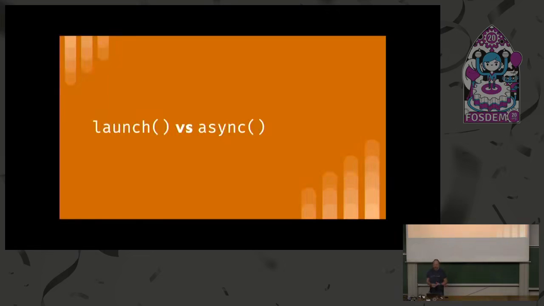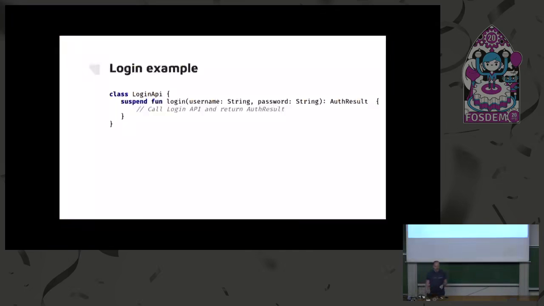So you already saw async before in one of the first slides, and there's also launch. These are two of the basic ways of starting coroutines. So let's see the differences here, what they mean. Let's say we have our login API, which has a suspending function named login.